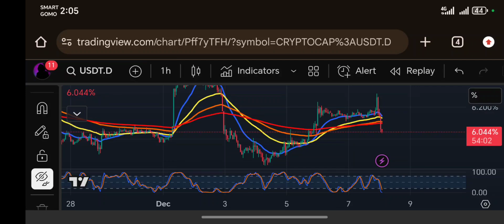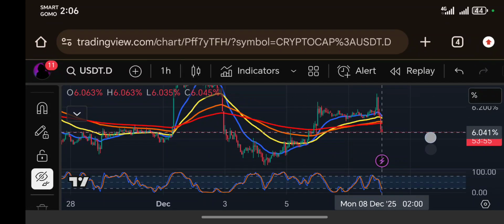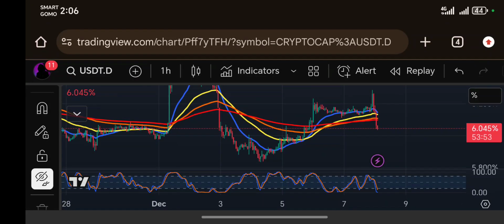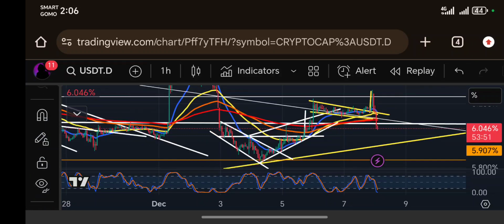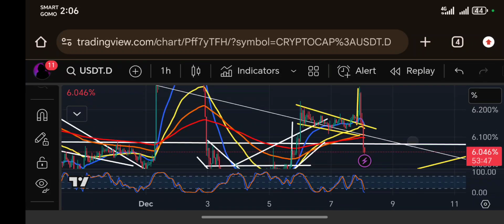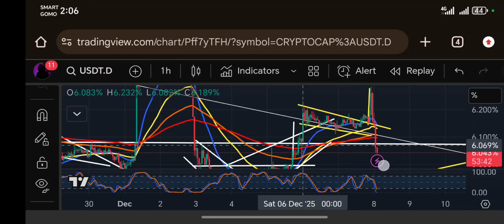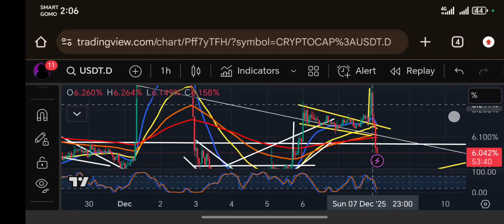This is your US dollar dominance chart. Look at this pattern. This can be what you call a Bart Simpson head. To me, I was just expecting this. This is a bull flag that I mentioned earlier in my video, and look where it is.